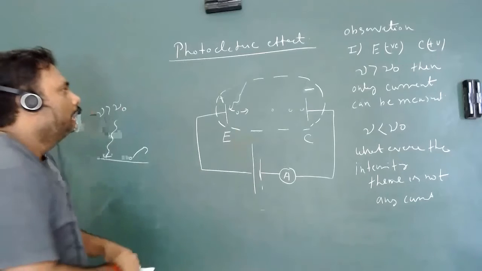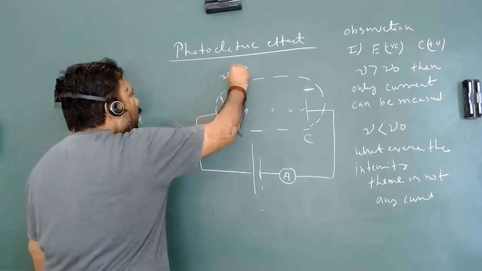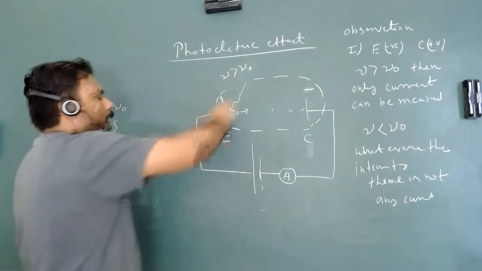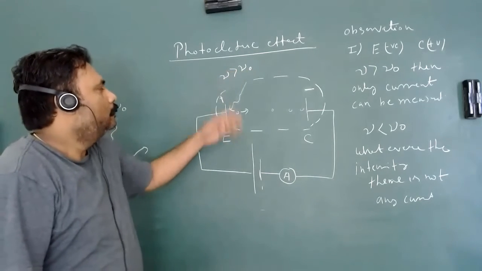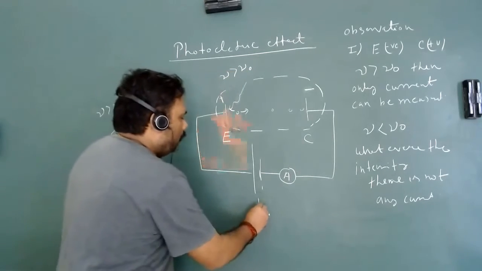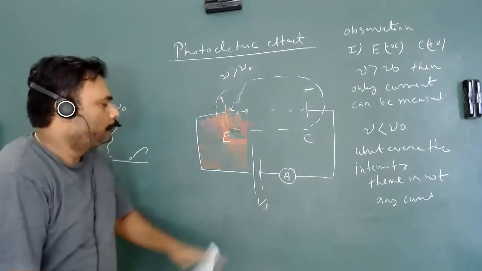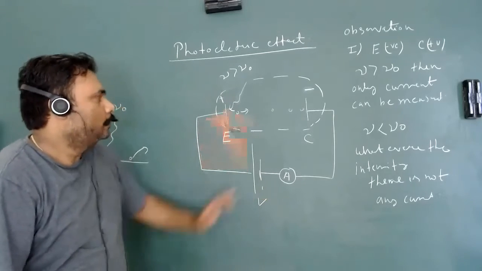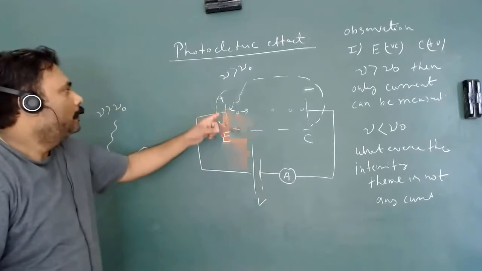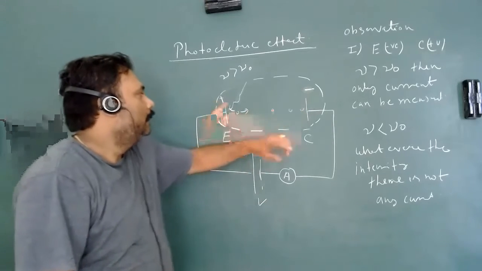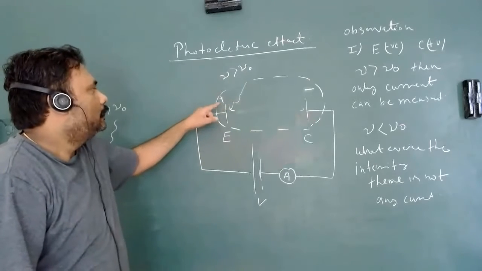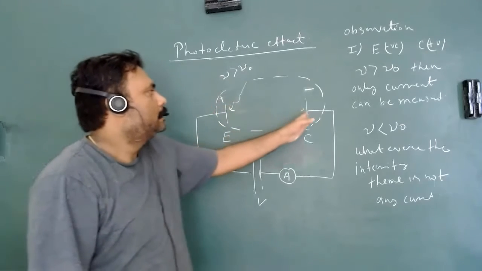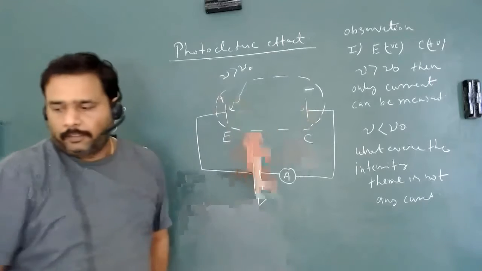We are changing this potential. Now if this is positive and this is negative, then what will happen? This will try to attract the electron and that will try to repel the electron.